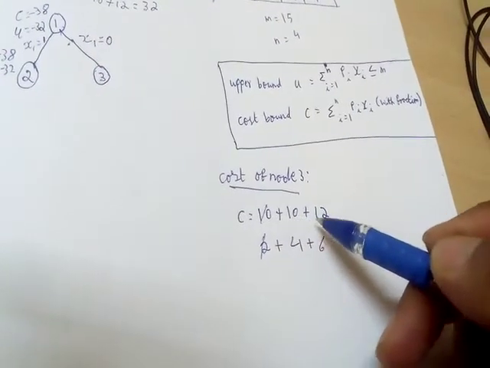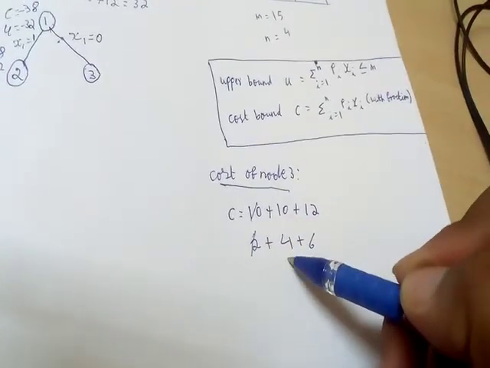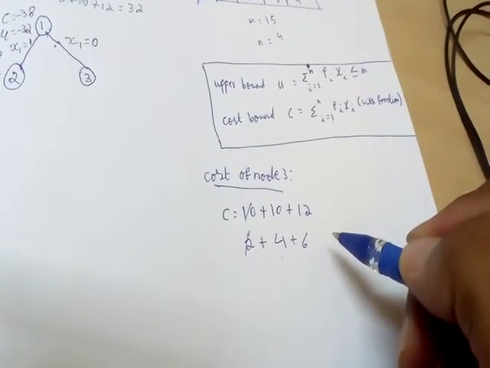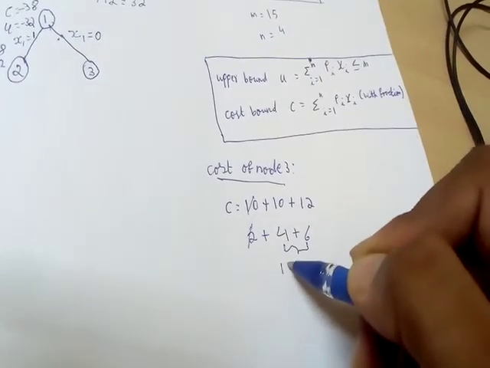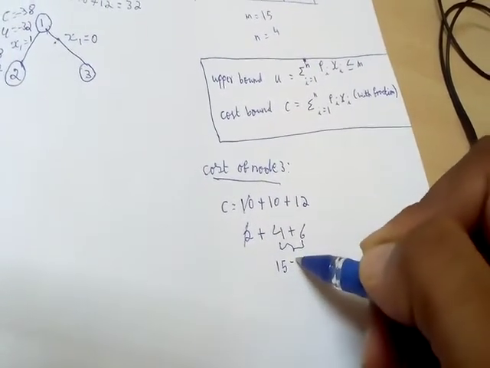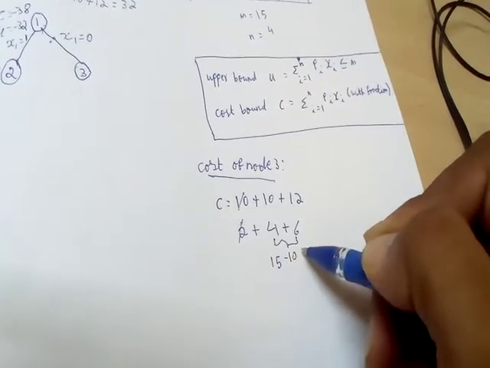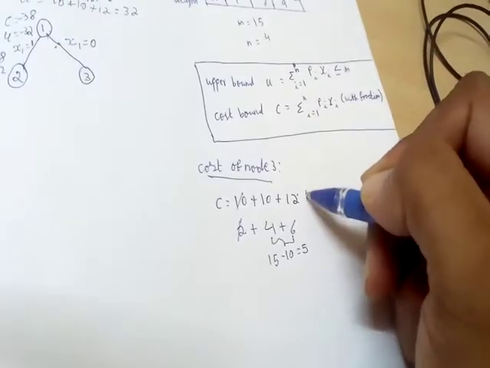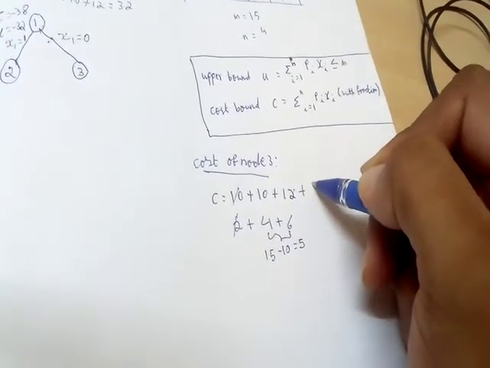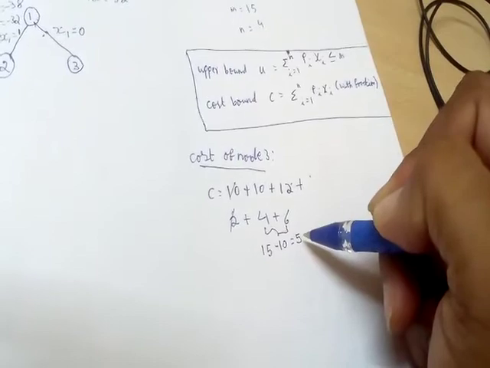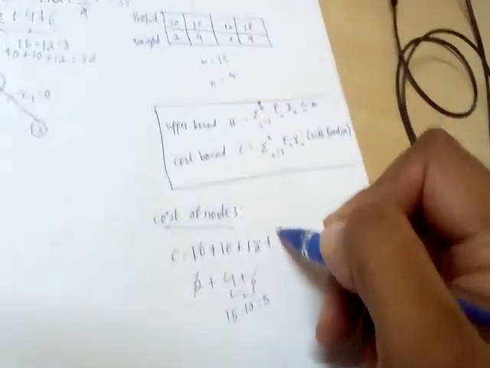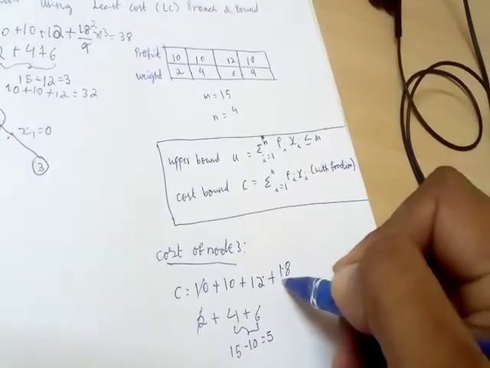So now the total weight is 4 plus 6, 10. The total capacity is 15. If I subtract the current weight from the maximum capacity, there is space for 5 more weight. Then I will represent the profit for this portion of the fourth item that we insert, which can be represented by 18 by 9 into 5.